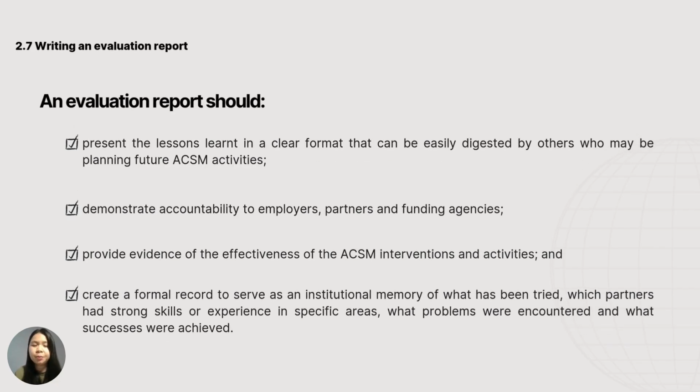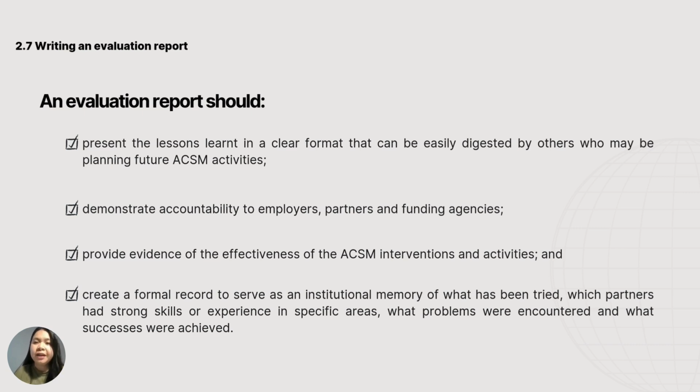An evaluation report should have the following: it should present the lessons learned in a clear format that can be easily digested by others who may be planning future ACSM activities, demonstrate accountability to employers, partners, and funding agencies, or simply stakeholders, provide evidence of the effectiveness of ACSM interventions and activities, and create a formal record to serve as an institutional memory of what has been tried, which partners had strong skills or experience in specific areas, what problems were encountered, and what successes were achieved.